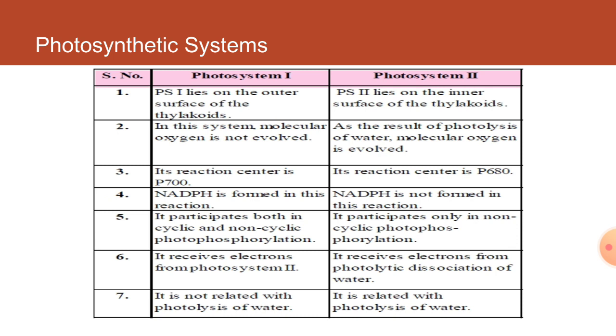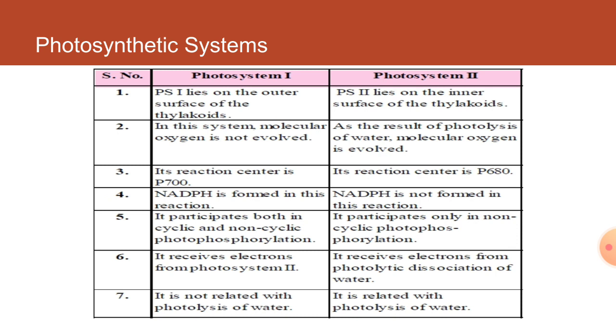We know that photosynthesis is broadly studied under two heads: light phase and dark phase. Light phase is nothing but conversion of light energy or solar energy into chemical energy, nothing but ATP. So the formation of ATP in the presence of light is called photophosphorylation.